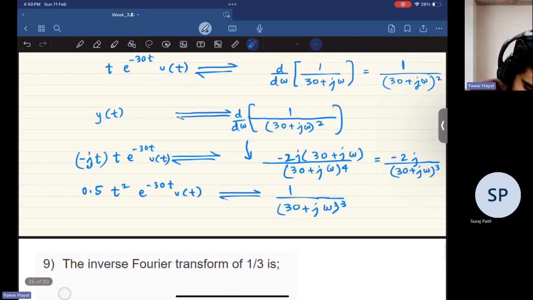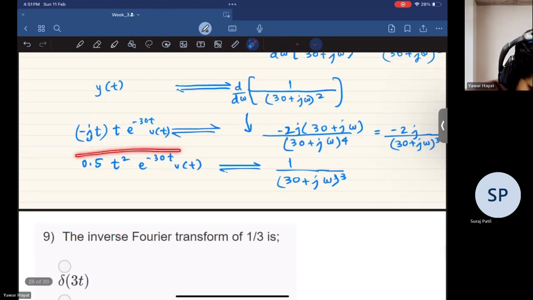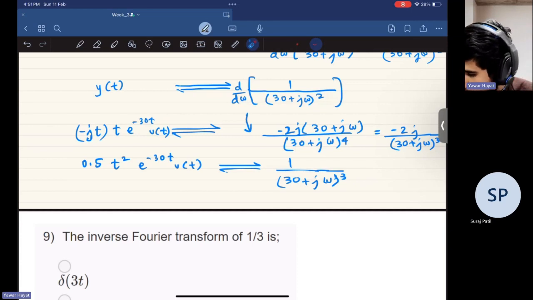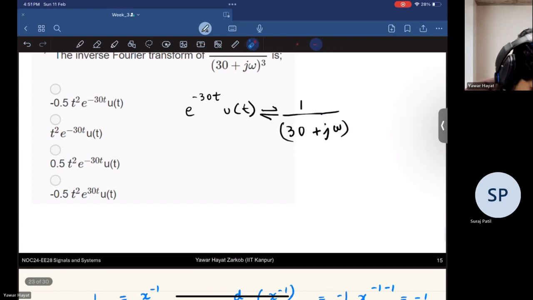And that is what we did, right? So what is the inverse Fourier transform of 1 upon 30 plus j omega cube? And then which option should be the correct one? Looks like C, right? Yeah, it should be C.